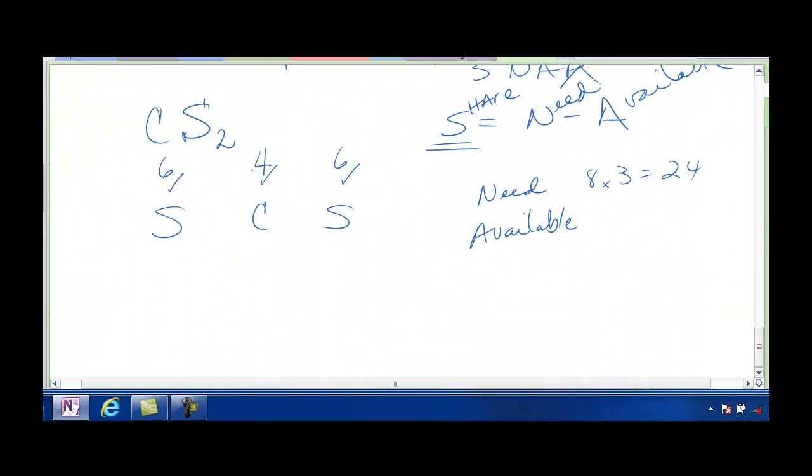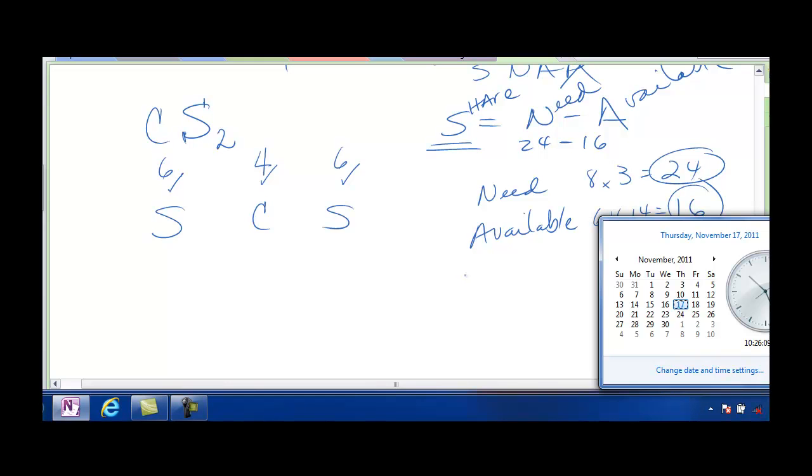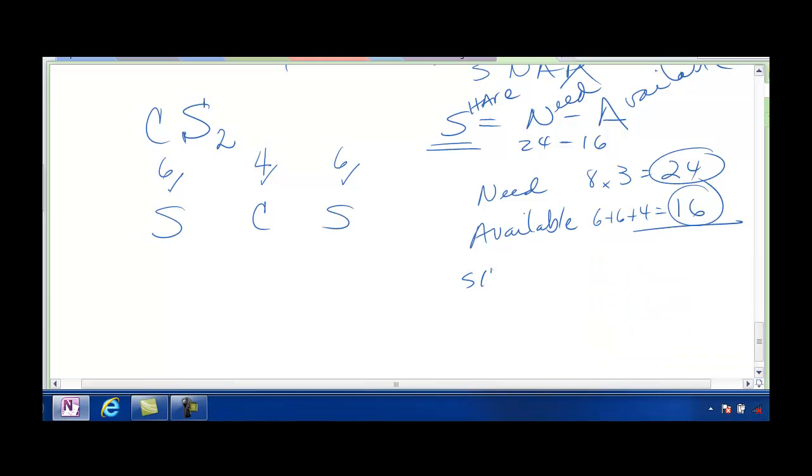So 6 plus 6 is 12, plus 4 is 16. And when I subtract these two, what I need minus what I have, I need 24 and I have available 16. I share what? What's 24 minus 16? 8. So I'm going to put 8. 1, 2, 3, 4. 1, 2, 3, 4.